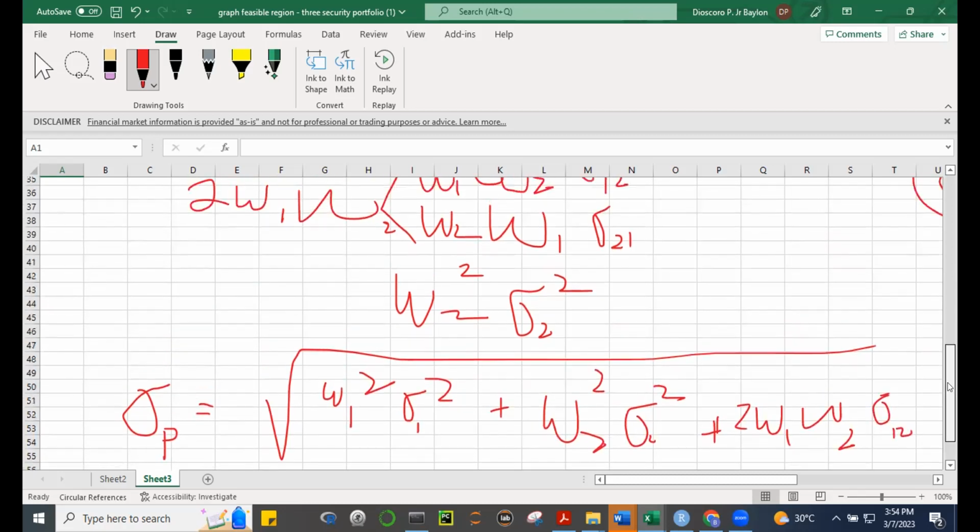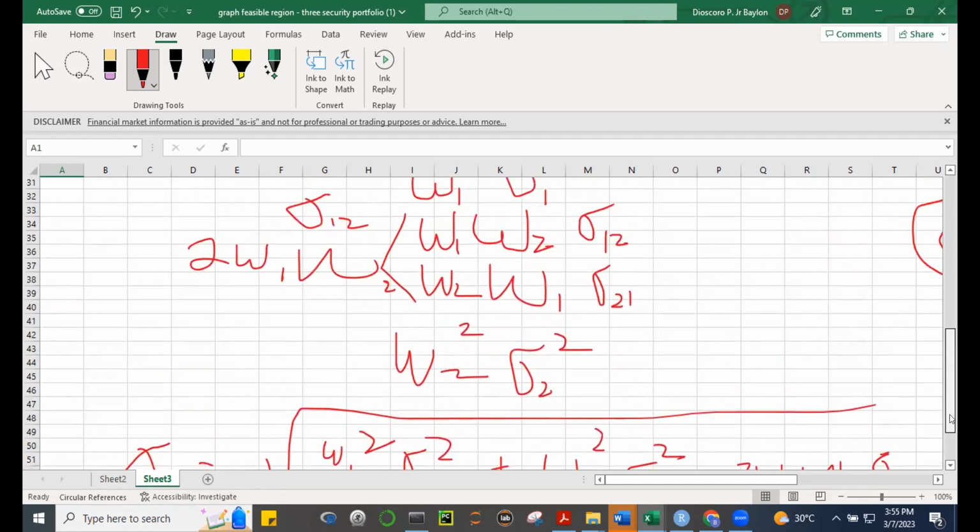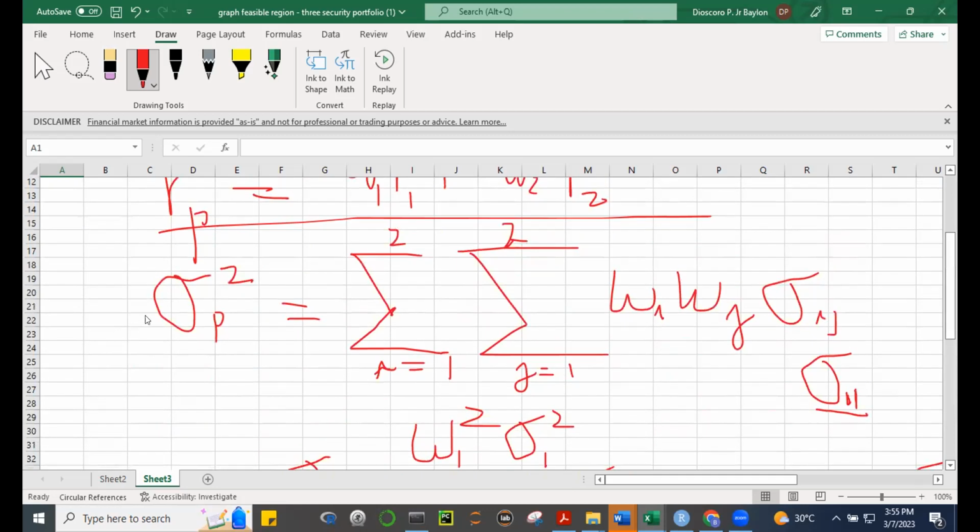There. Okay, this is now our portfolio risk. I'm putting the square root because I'm measuring it by the standard deviation. This whole equation, without the square root, is for your variance.